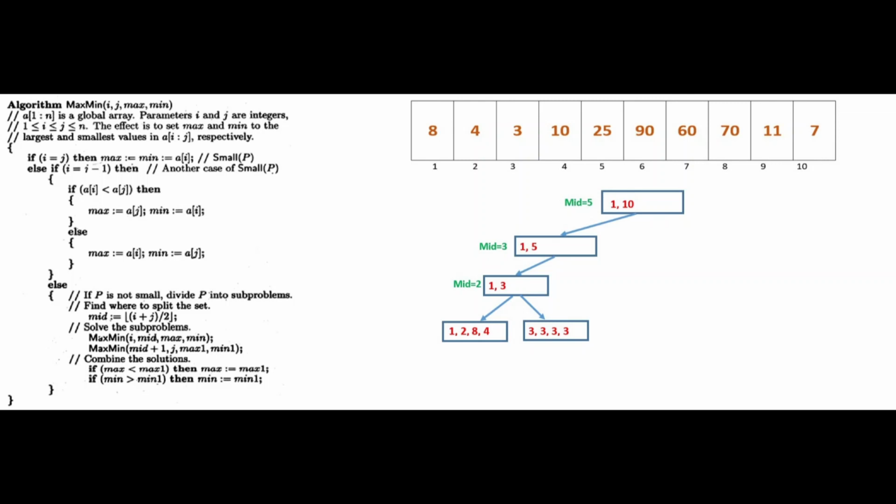We have to find which max is greater, max or max1, then find which min is lesser, min or min1. Condition: if max less than max1, here max is 8 and max1 is 3.